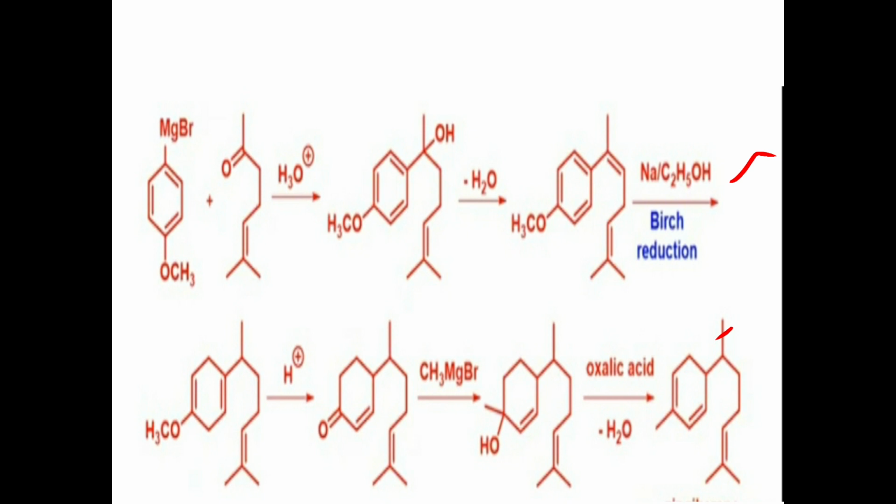There is a difference of one methyl group. If we substitute one methyl group at this carbonyl carbon, the basic skeleton structure is obtained. So it is treated with methyl magnesium bromide Grignard reagent. Then the methyl carbanion attacks the carbonyl carbon and forms a bond with this carbon atom.